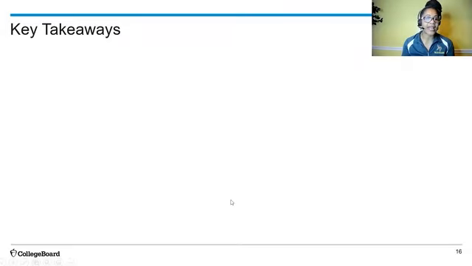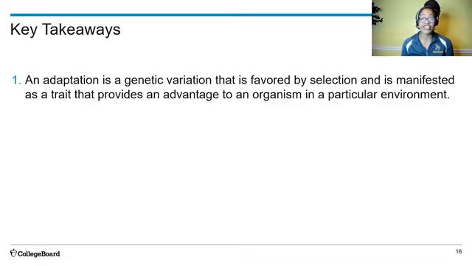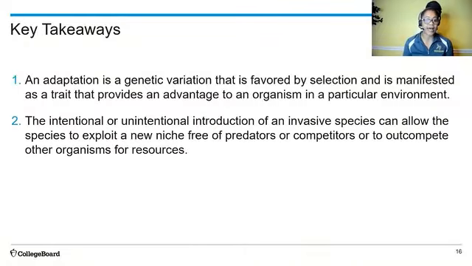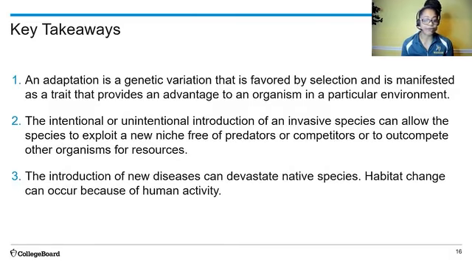So what should we take away? The key takeaways: an adaptation is a genetic variation that can be favored or selected for, and that can increase in the population and change the dynamics of a population over time. The intentional or unintentional introduction of an invasive species can cause disruption to an ecosystem by exploiting new niches and robbing the environment of resources.